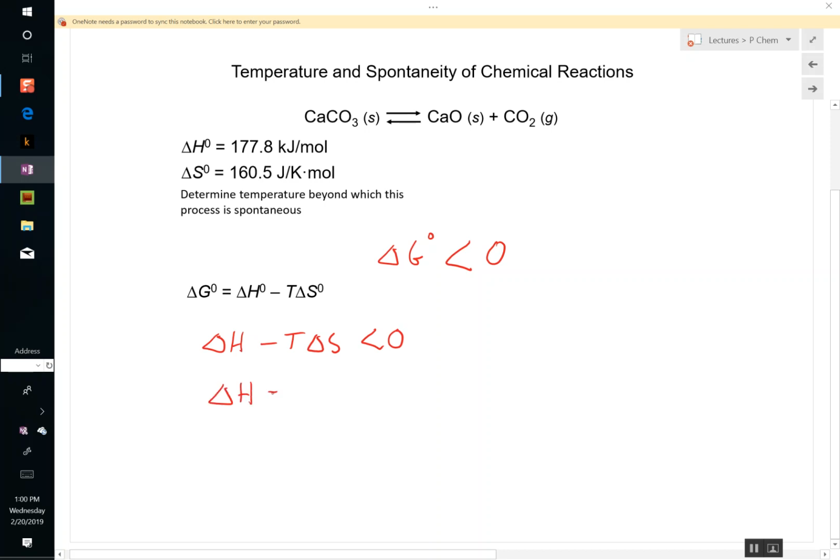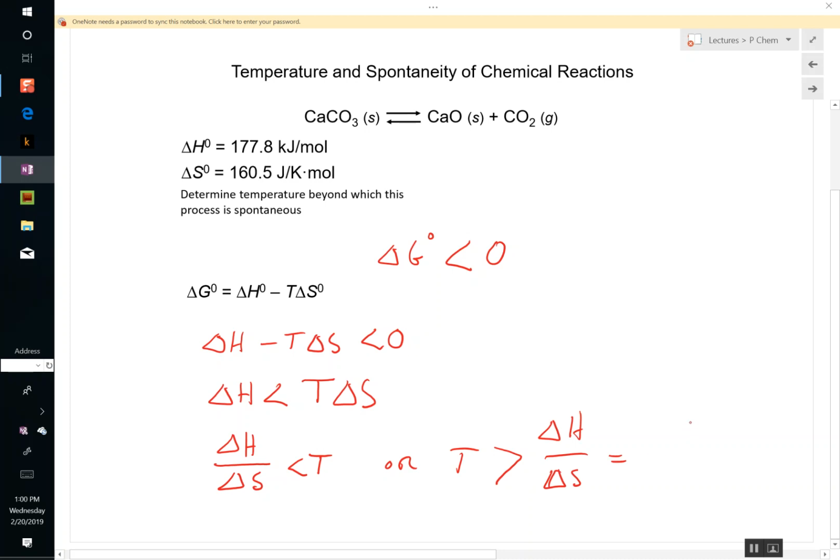So delta H is less than T delta S. So delta H divided by delta S is less than T, or if T is greater than that, it's going to be spontaneous, right?